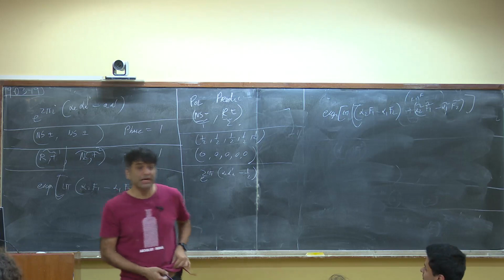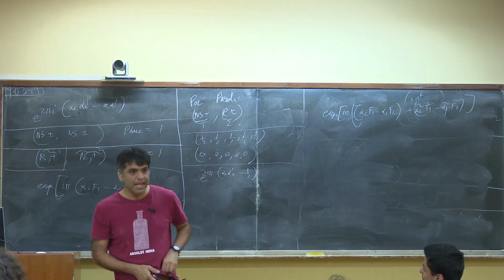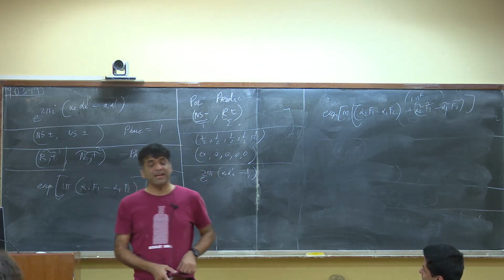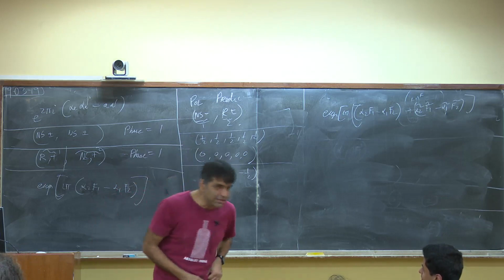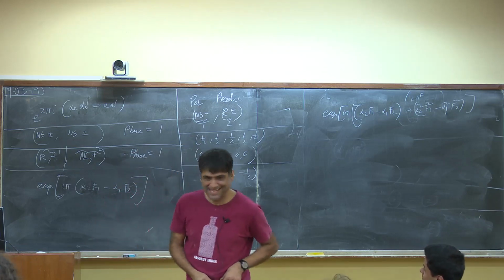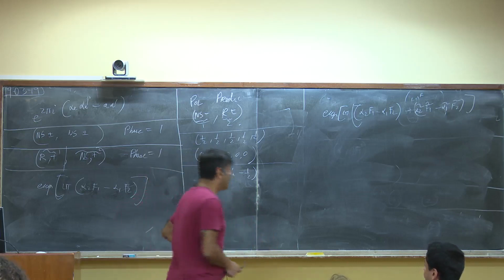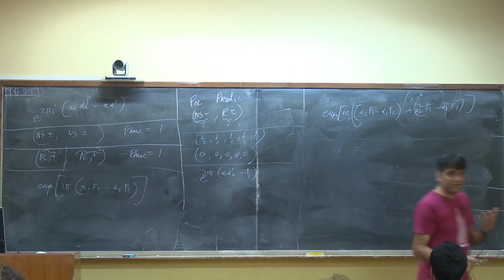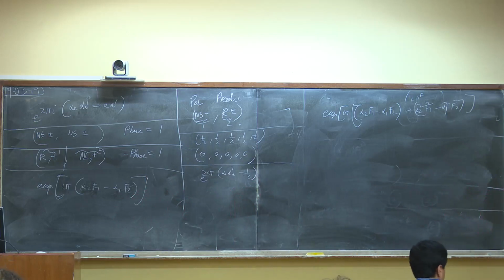And now the real statement is that we're going to have to choose something on the left and something on the right. And our choices will have to be such that the whole thing is mutually local. So what's the game?